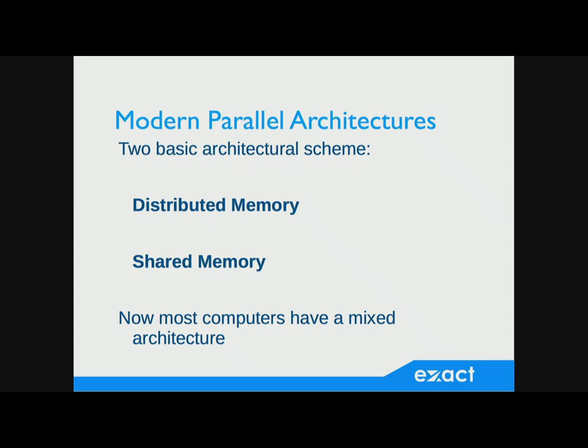So, just a very short recap. In modern parallel architecture, we have two basic architectural schemas: distributed memory and shared memory. Till the end of the 90s, these were quite different approaches. Now, within any high-performance computing platform, we have a mixed architecture.